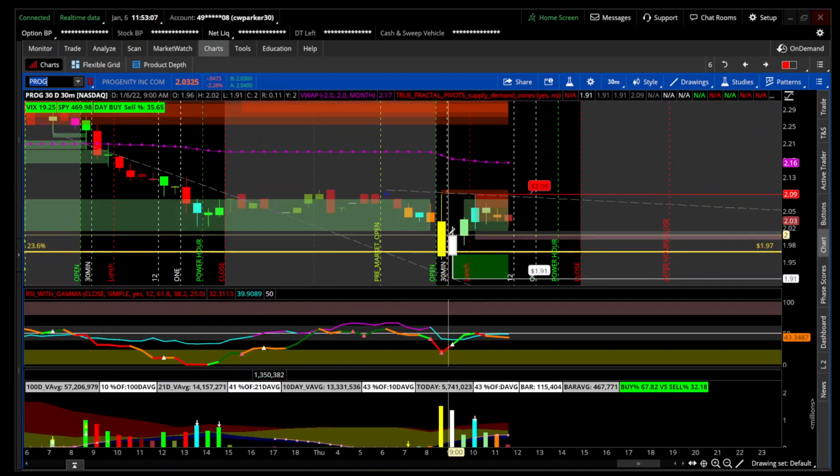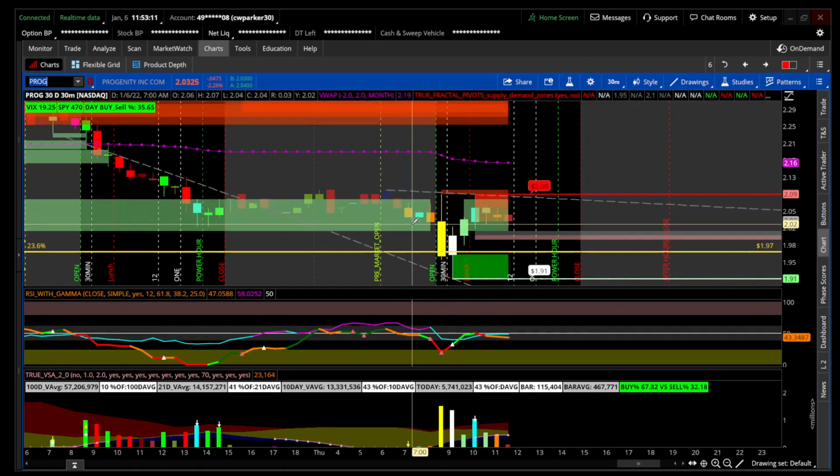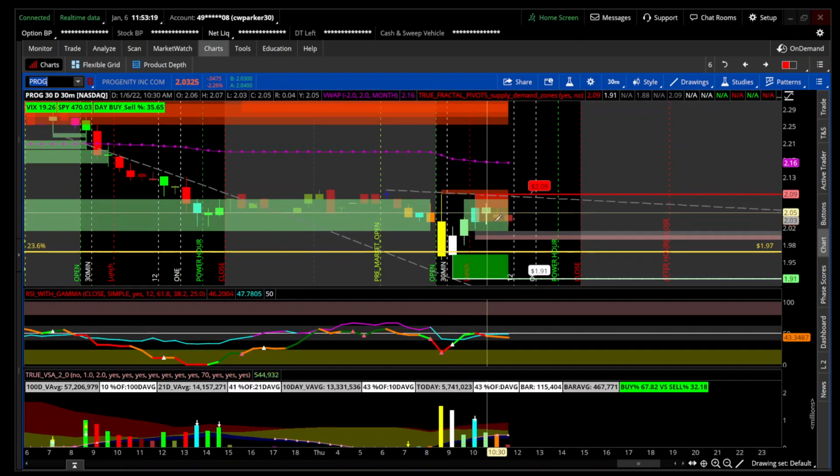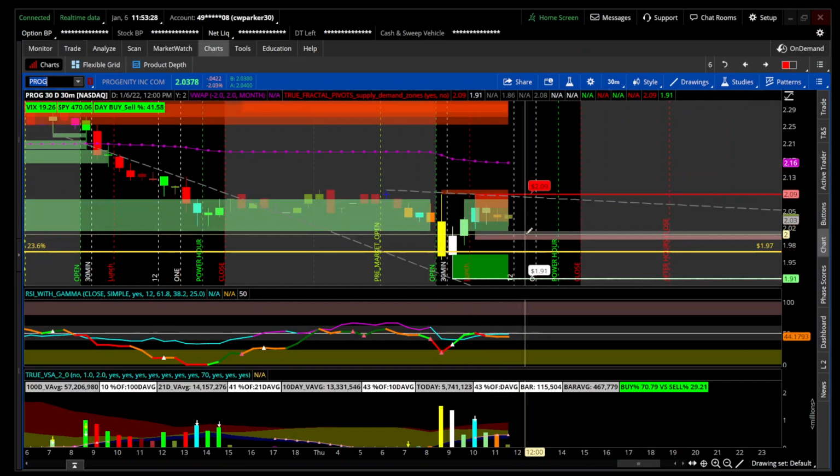And for me, it works just the same as support and resistance. Once a demand zone is broken, it becomes supply, and it's just weeding its way in there. And then you got another supply area created as well. And that's that 50% between the demand and supply zone.